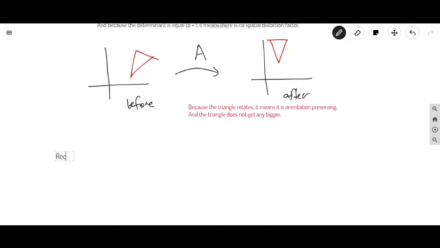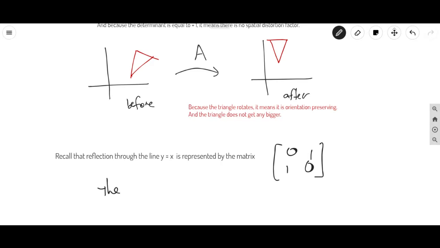So recall that reflection through the line y equals x is represented by the matrix, and we saw this before. The matrix that represents that linear mapping is the matrix 0, 1, 1, 0.